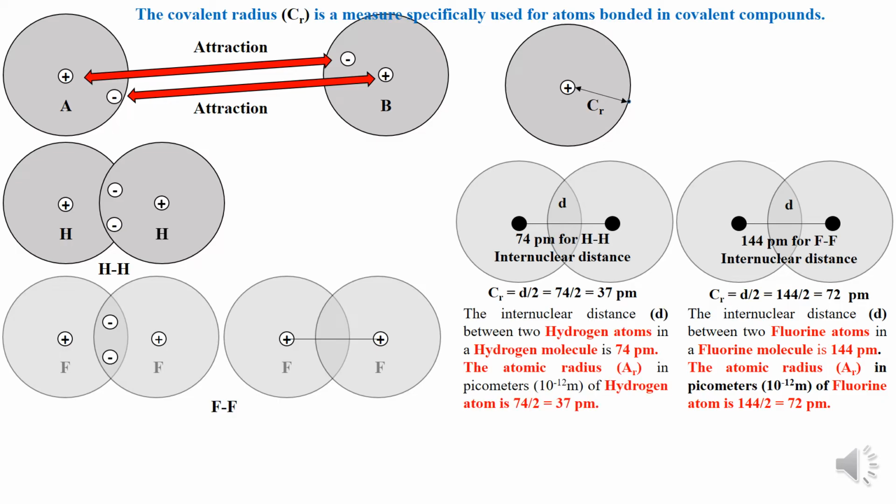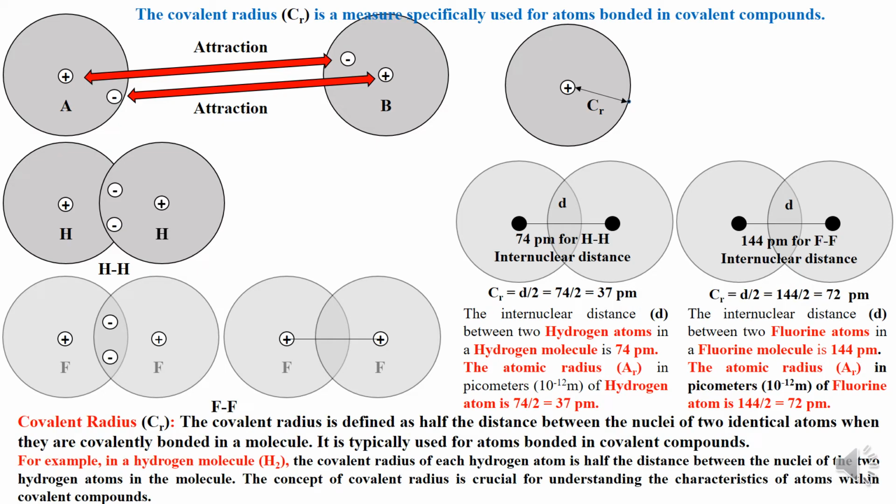So the internuclear distance between the two hydrogen atoms in hydrogen molecule is 74 picometers, and the atomic radius of hydrogen atom is 74 divided by 2, that is 37 picometers.